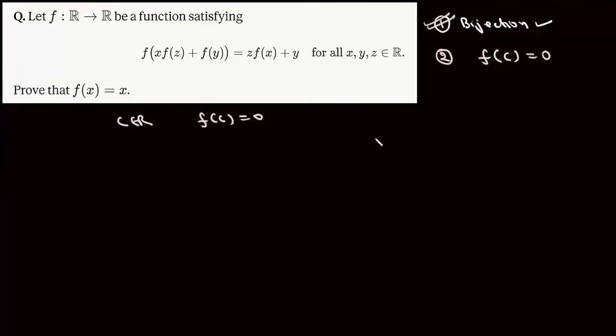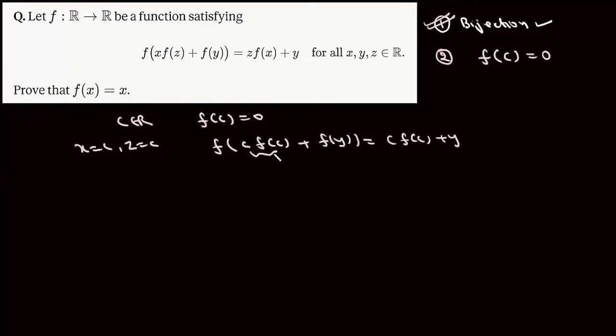Now here we'll achieve two things. First, we'll try and prove C is 0, so that is f(0) equals 0. And also we'll try to find out some functional relationship in one variable. And we'll try y because y looks neat. So what we'll do is we'll put x as C and z as C. So we'll get f(C f(C) plus y) is C f(C) plus y.